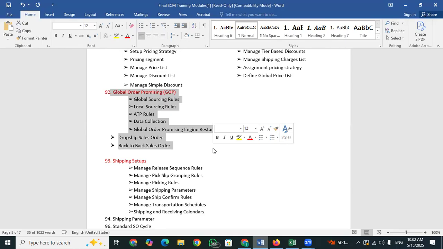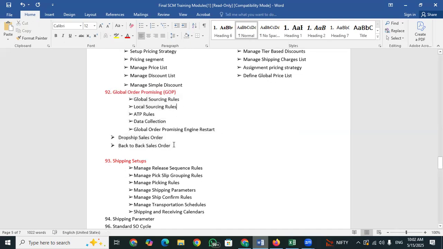Because they don't want to lose you, the prime customer. They don't want to lose that sales order. They will get the material from some other companies, some other sources, and ship it to your location. That means Flipkart or Amazon is promising you, we are delivering the material even if we don't have on-hand quantity. So that is what global order promising indicates.